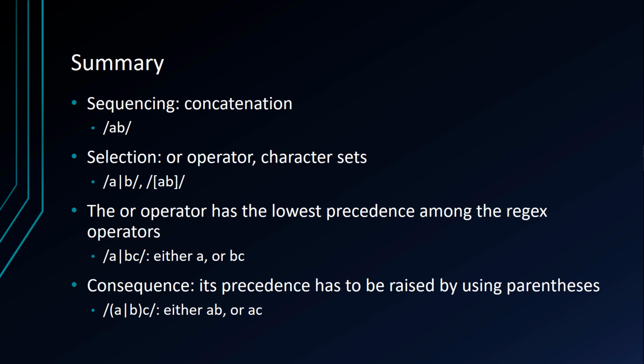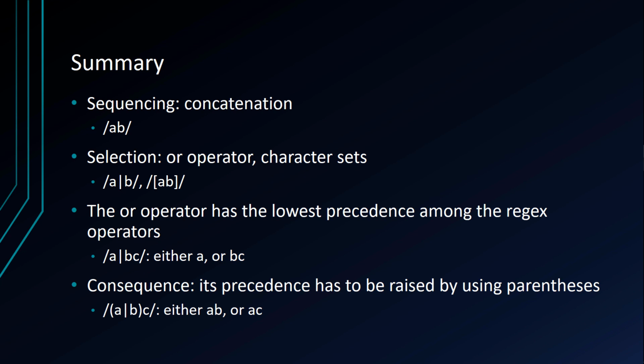Let's summarize what we know already. We know how to sequence characters, so match A followed by match B. We also have two ways of performing selections: match either A or B, or match one of the characters from the character set A, B. The OR operator has the lowest priority, or the lowest precedence, among the regex operators, so sometimes we have to use parentheses.